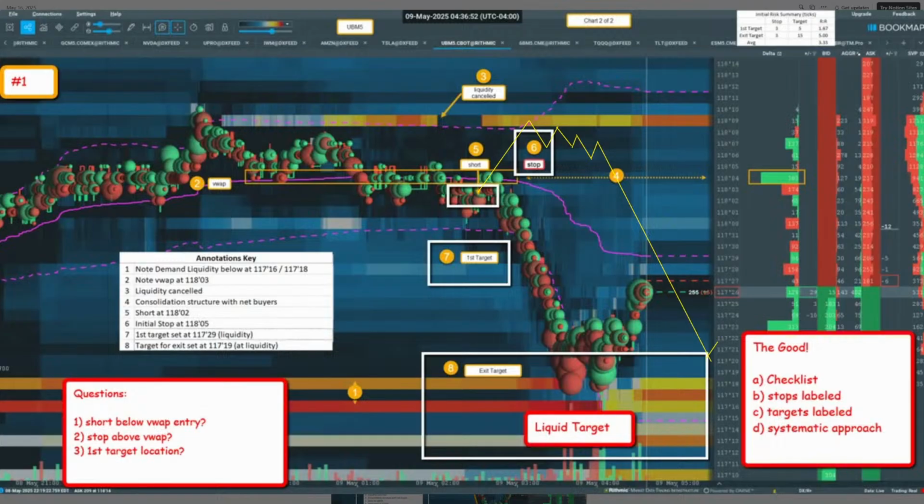But if it comes up here though, now your VWAP is out of sync in terms of this being a short, and how you kind of view that with your VWAP at that point.